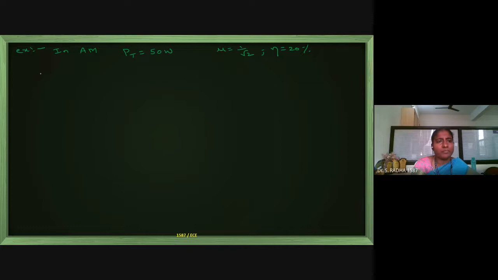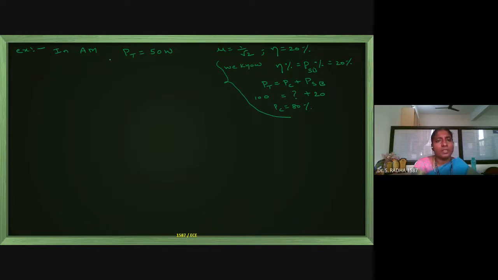Generally we know that efficiency percentage and sideband power percentage are equal, so it will be 20%. So total power is nothing but carrier power plus sideband power. If total power is 100% and sideband is 20, then the carrier power will be 80% of the total.